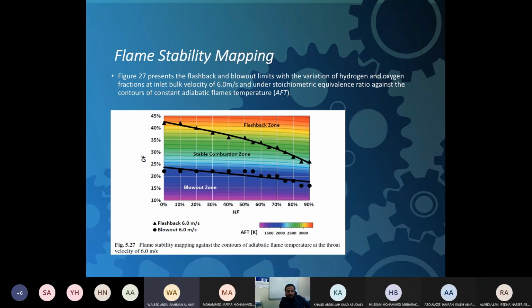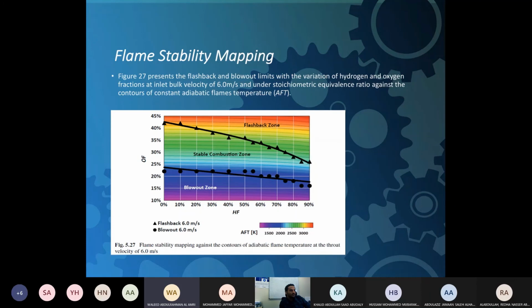It is observed that hydrogen enrichment has an insignificant effect on adiabatic flame temperature, which is dominated by the oxygen fraction.